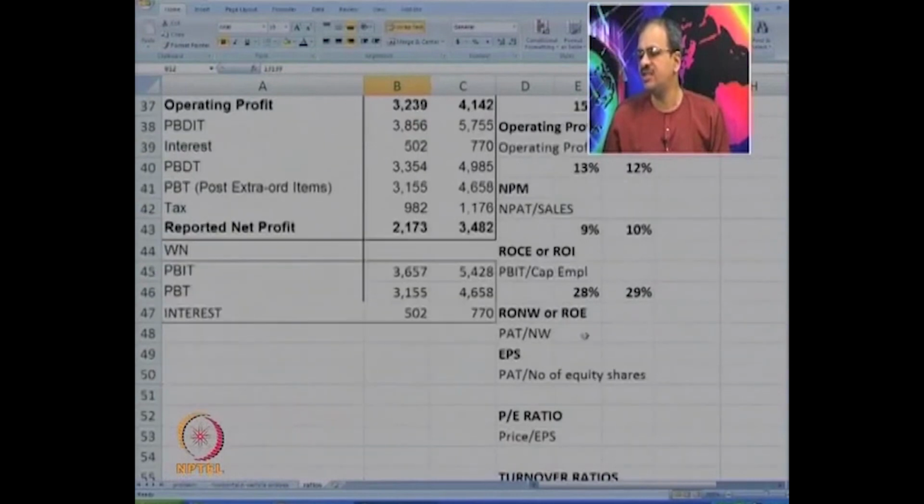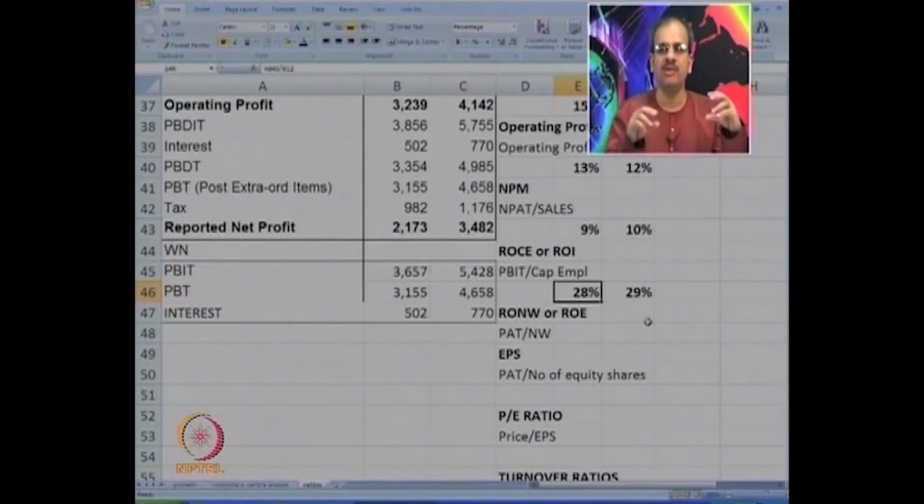Look at the return which is generated, it has more or less remained constant, 28 to 29. So, again we were assuming that there is a substantial increase in profit, but from a return viewpoint, since the company's investment or the capital employed has also increased, the return remains more or less the same.